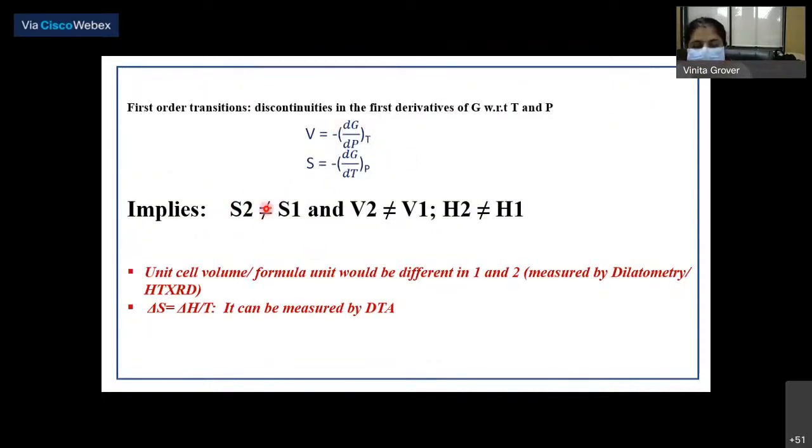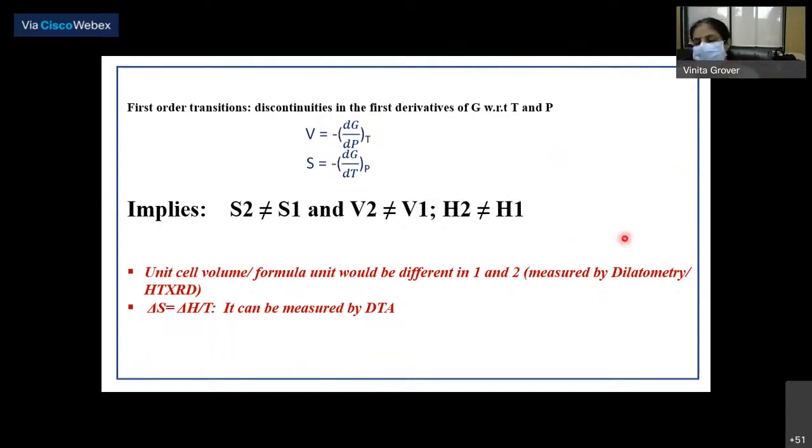One more thing: they are discontinuous, they are finite, and obviously, when they are finite, then S2 is not equal to S1 and V2 is not equal to V1. Now, S is equal to H by T, and that is why the enthalpy of the two phases is also not equal. Now, how can I determine a first order phase transition?